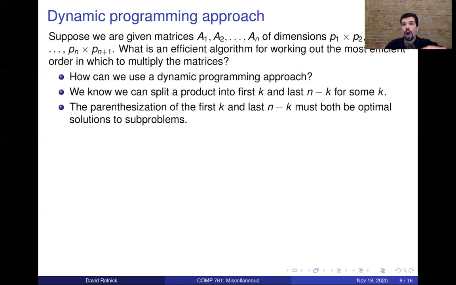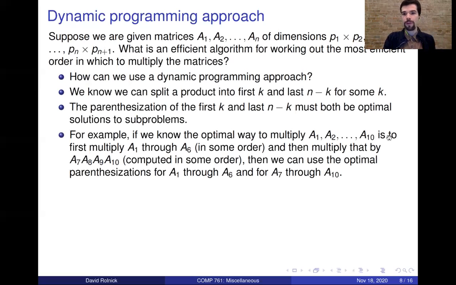So if you take an optimal parenthesization of the whole thing and break it into the last multiplication, which is some k and then the remaining n minus k, then each of those has to be an optimal solution for the first k and the last n minus k respectively.